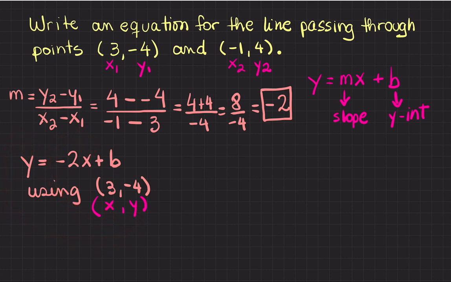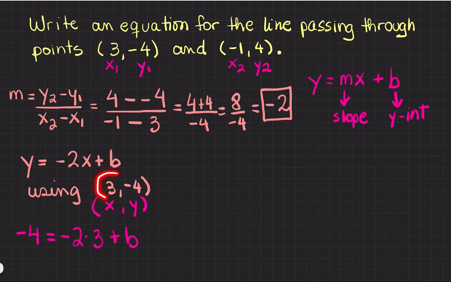So y, which is -4, is equal to -2, my slope, times x, but x is 3, so times 3 plus b.